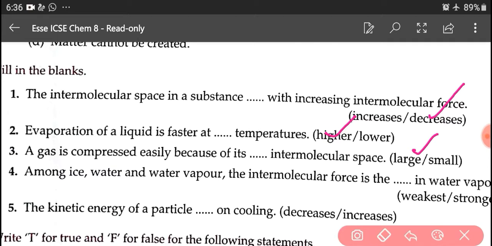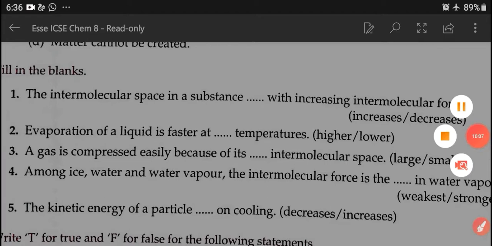Answer is weakest. Please mark it. Now the kinetic energy of a particle dash on cooling. Please mark decreases. Okay, our fill in the blanks portion is over.